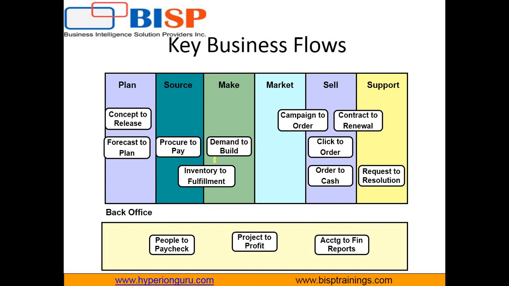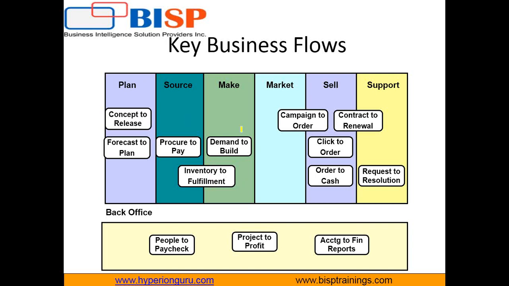When you come to the requirement, the procure to pay cycle will tell you how you need to procure the raw material from outside suppliers, how you're going to communicate with them, how you're going to receive the product, and finally how you're going to pay the money for it.